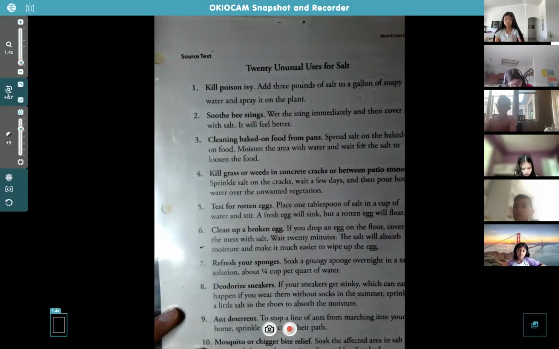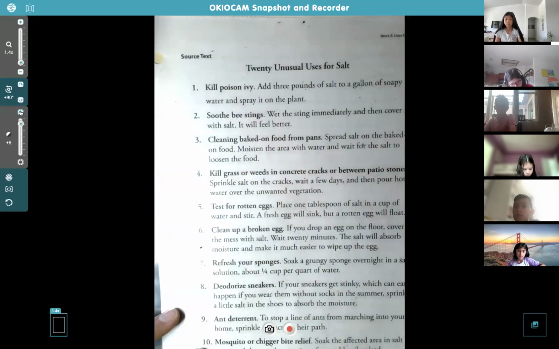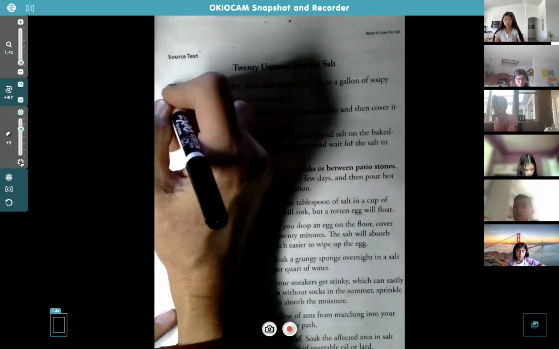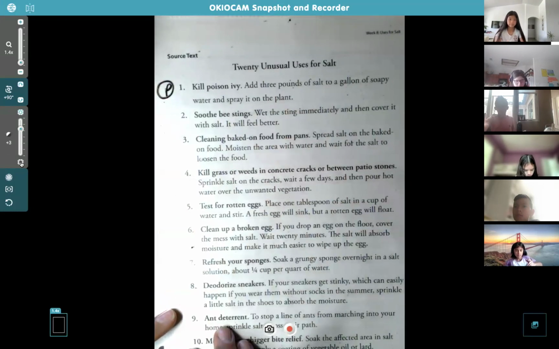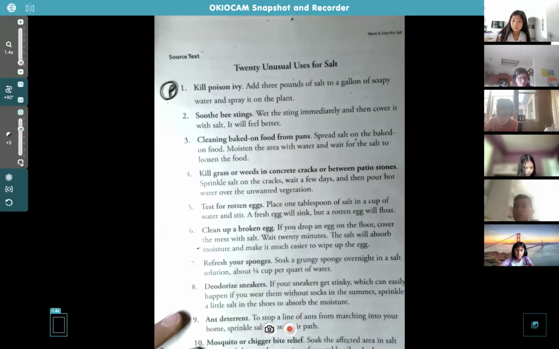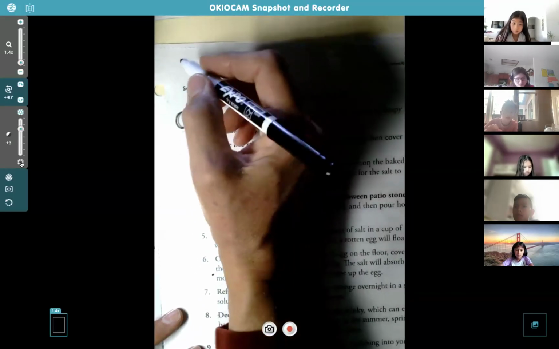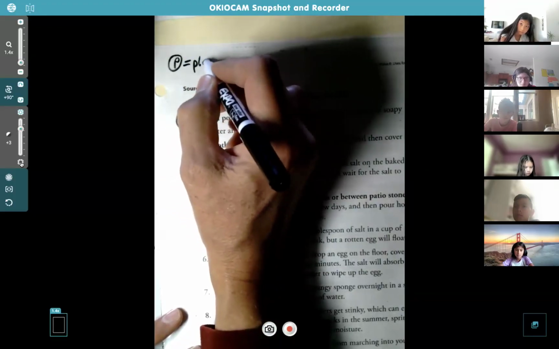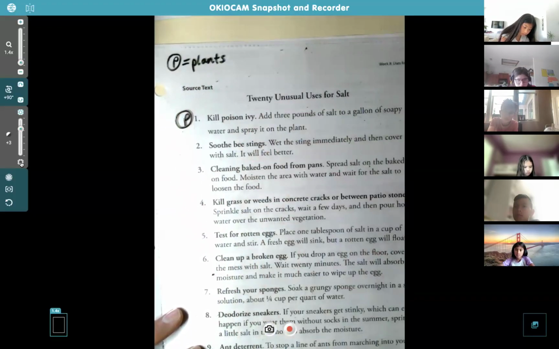Next to number 1, I want you to put a P and a circle around it because that's talking about plants. And then at the very top of your page, put a P equals plants, just so we can keep track, like a little key here, just to keep track of how we're going to label this stuff, okay?